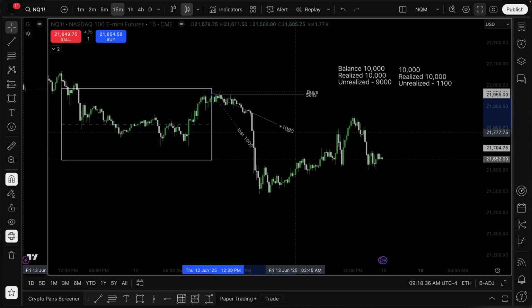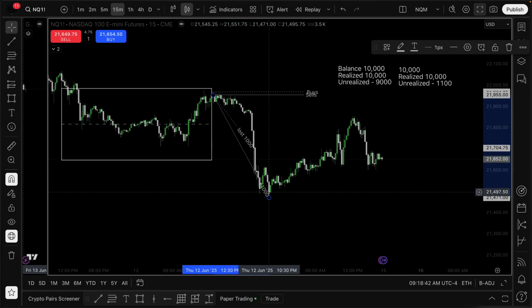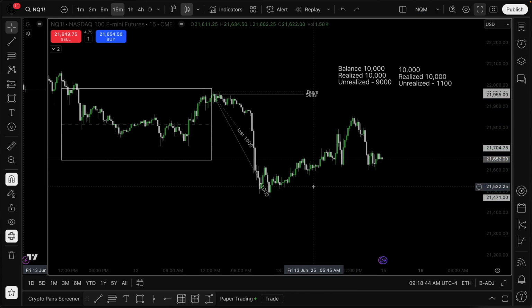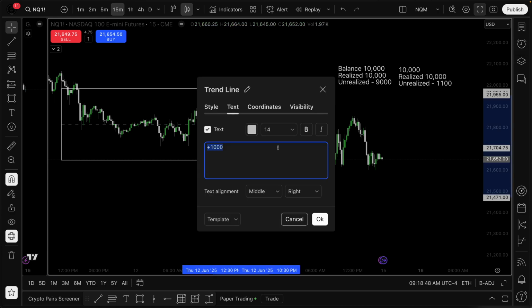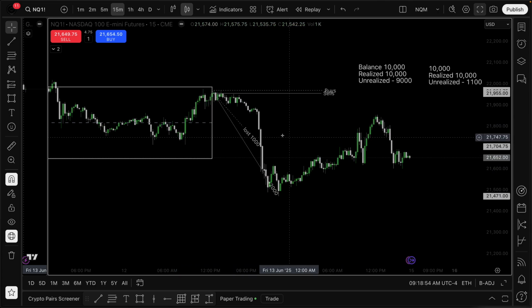Let's say the one who's in the shorts, not in the buys, holds it till here. All while we're going down, his unrealized P&L increases, and here he goes ahead and realizes it. So you make $2,000. What does that mean? You made $2,000 from someone who lost 1,000 here.